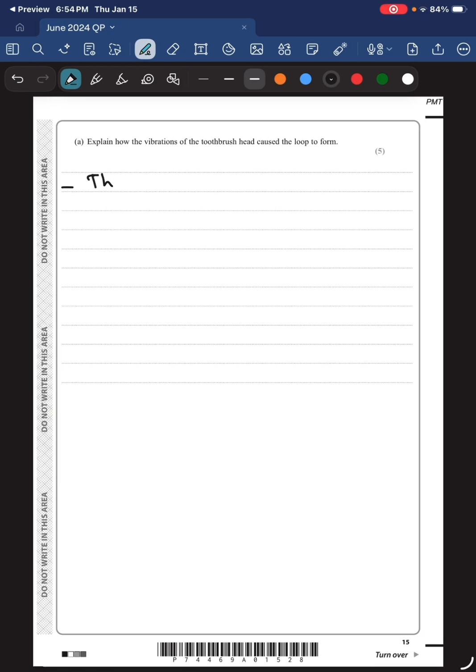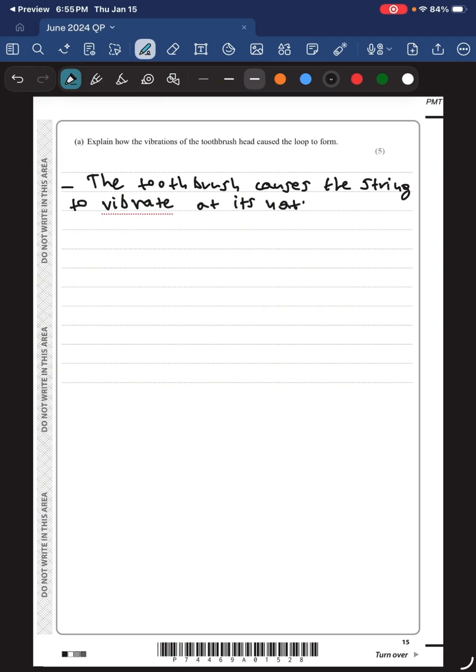The toothbrush causes the string to vibrate at its natural frequency. Okay.